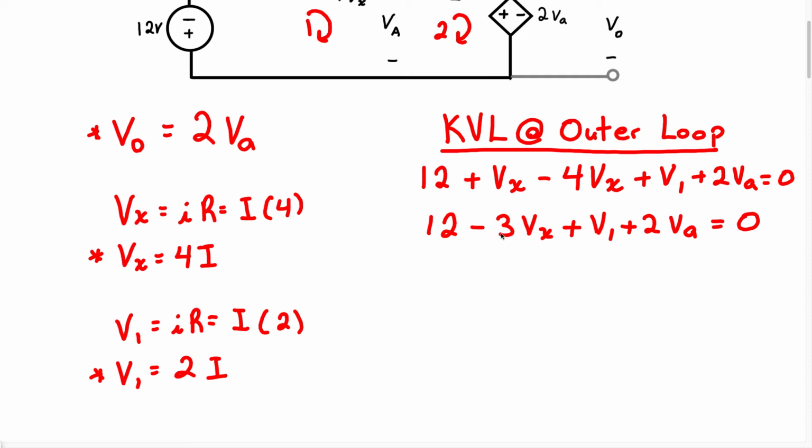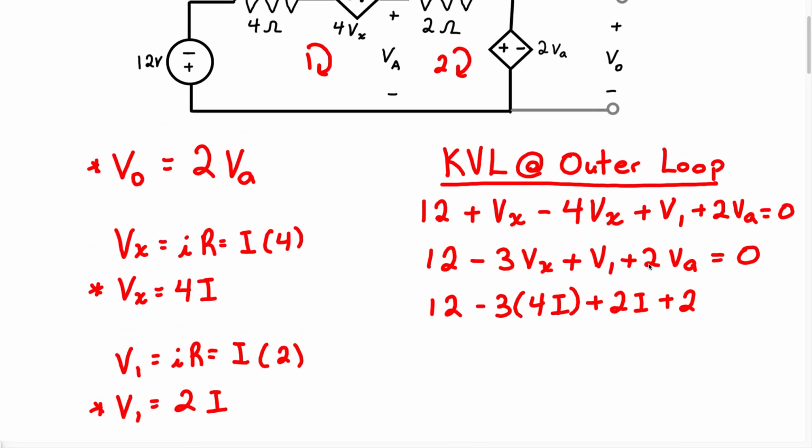So everywhere in our KVL loop equation, we're just going to substitute in those voltages using the relationship between the current and the resistance. So we can say 12 minus 3. Instead of Vx, we're just going to write 4I. So we have 4I plus we have V1, which is going to be 2I plus 2.